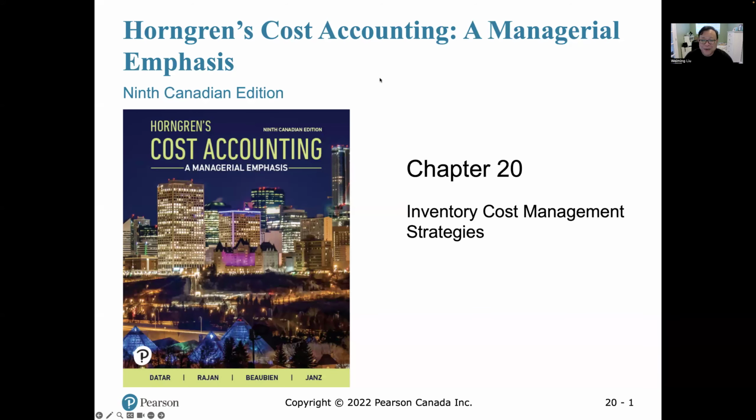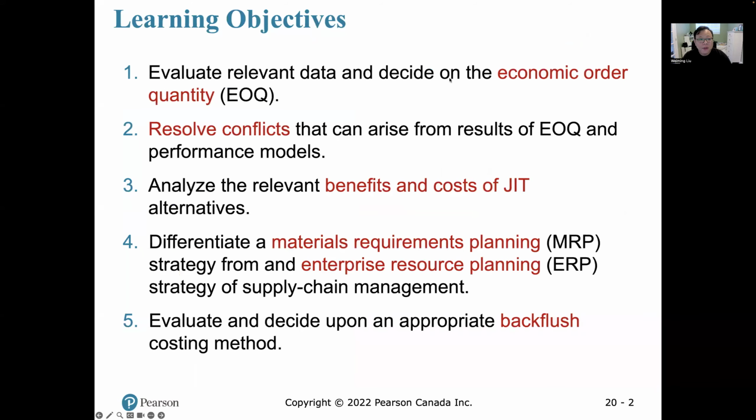Hello, we are going to talk about Chapter 20, the inventory cost management strategies. We're going to learn about what the economic order quantity, EOQ, is. We're also going to learn about the benefits and costs of the just-in-time inventory management system.